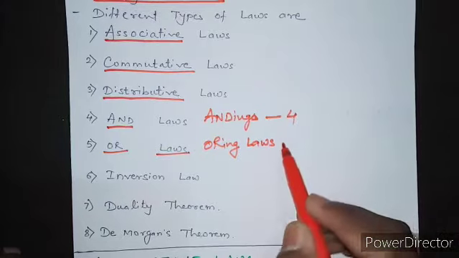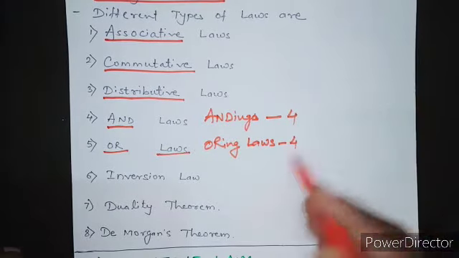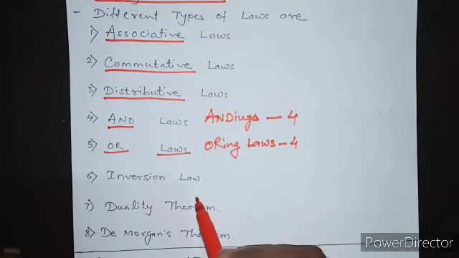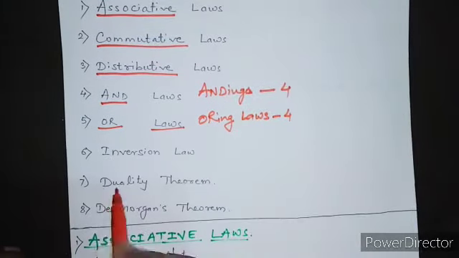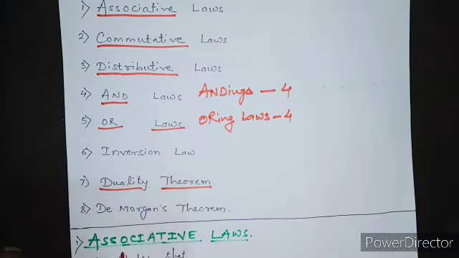So we have 4 types of ANDing laws, 4 types of ORing laws. Then inversion law, then duality theorem, and then we have something very important called De Morgan's theorem.